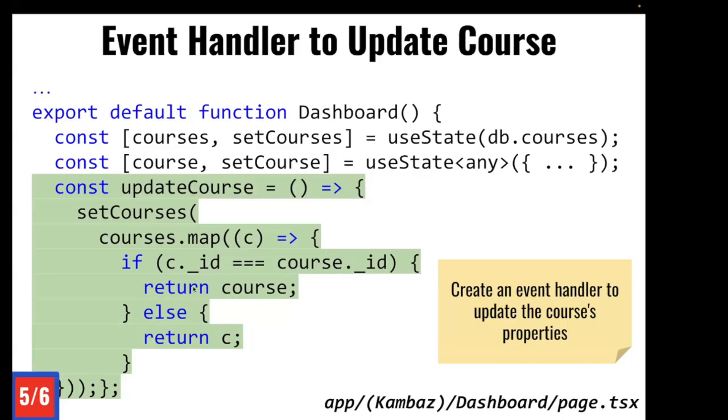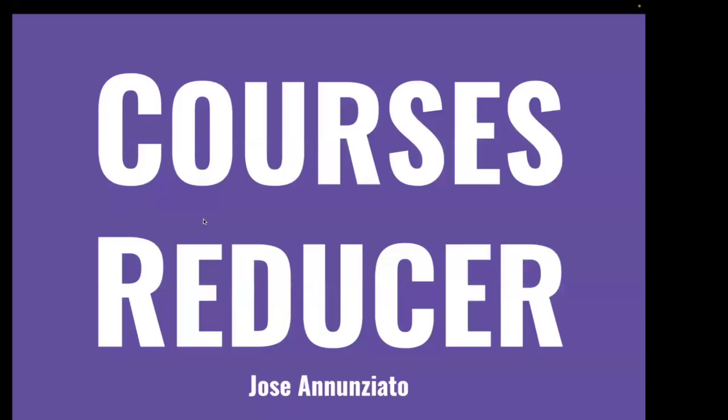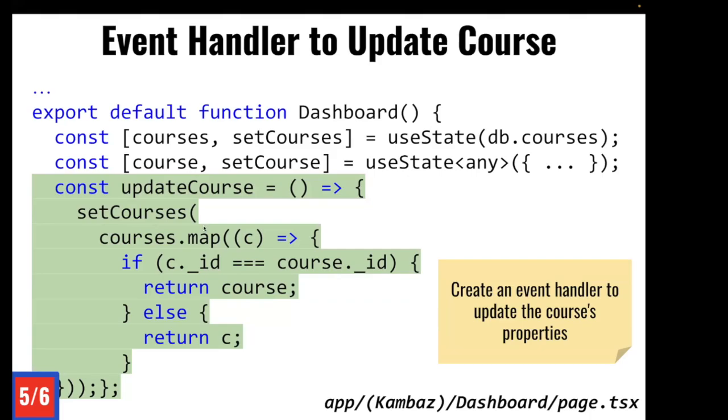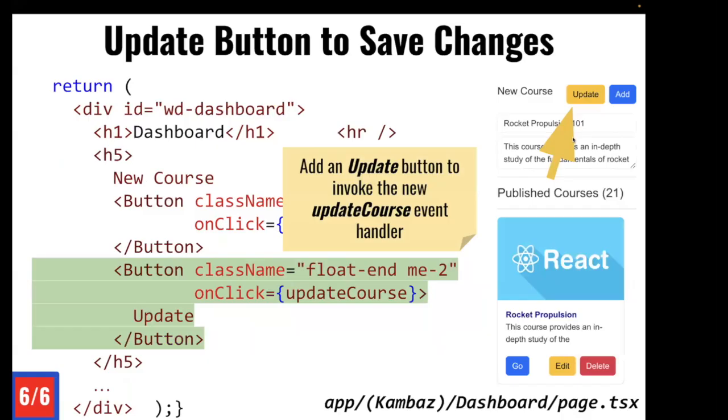So most of the courses being computed are basically the same courses that were there. Only one of them is being swapped out. And finally, we'll need a button that saves the changes.